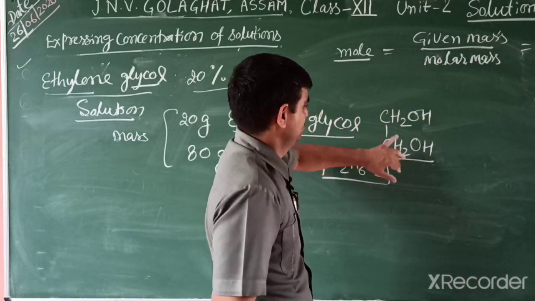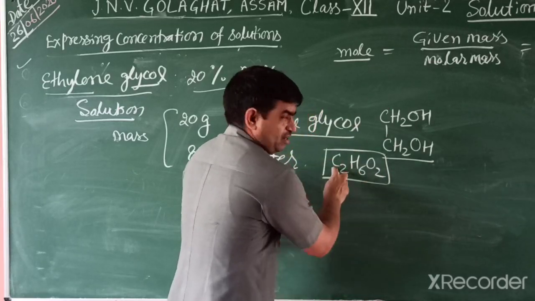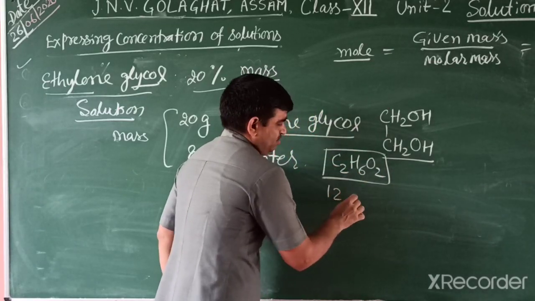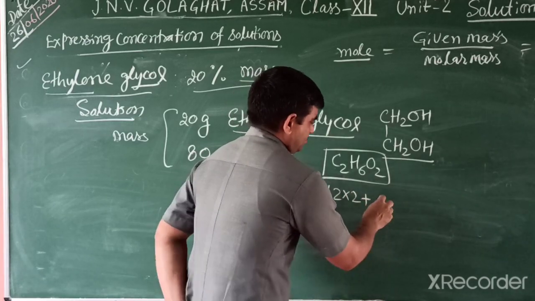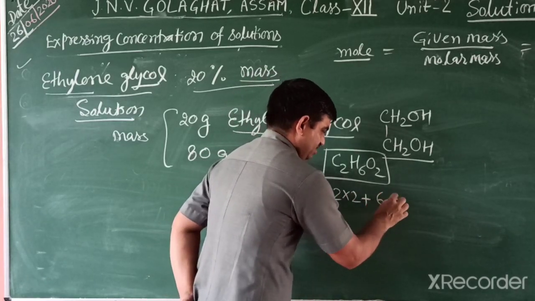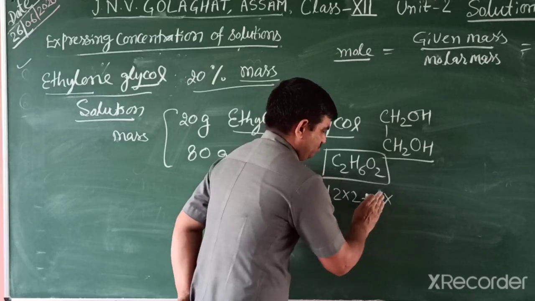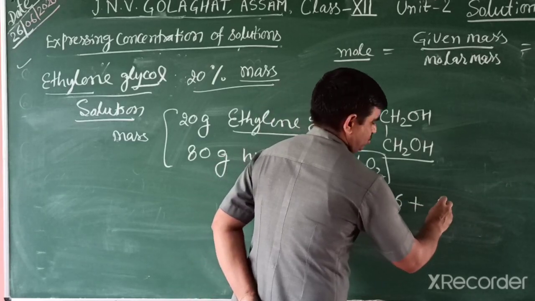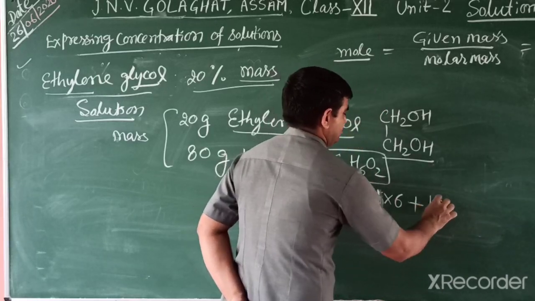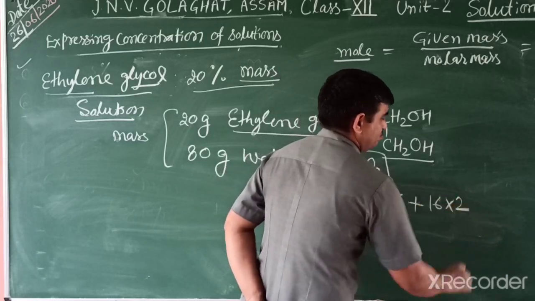By the formula, combining carbon 12 into 2, plus hydrogen 1 into 6, plus oxygen 16 into 2.